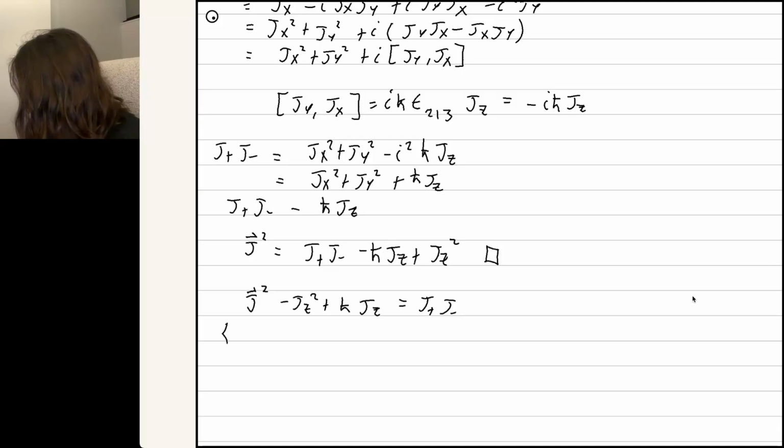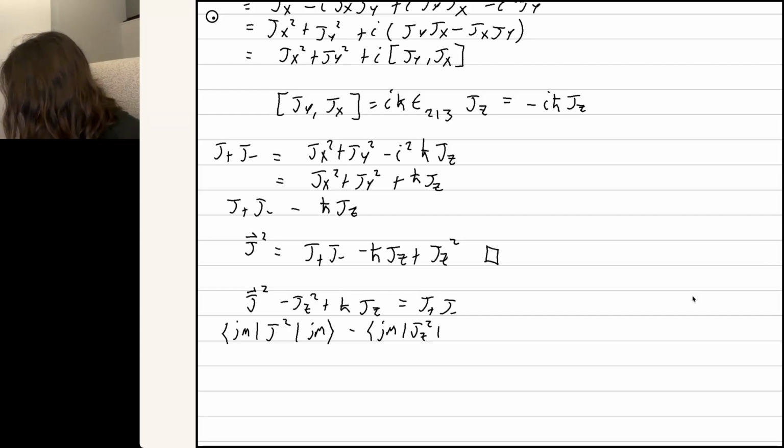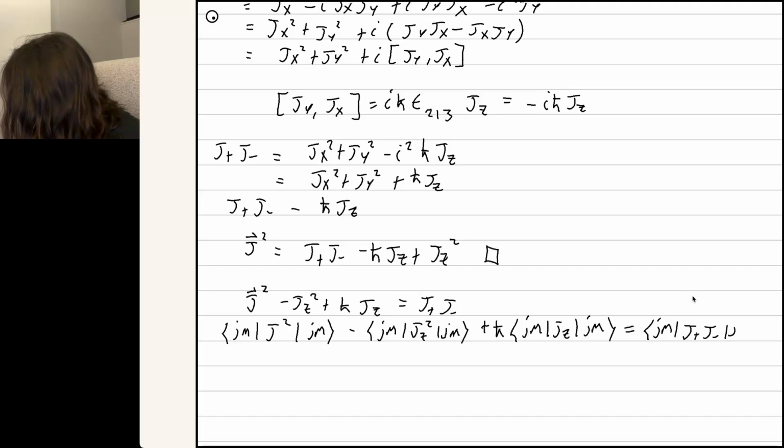And then we're pretty much just going to find expectation values for these guys, multiplying each of them on the left and right sides by bra jm and ket jm respectively. Equals jm, j plus, j minus, jm.